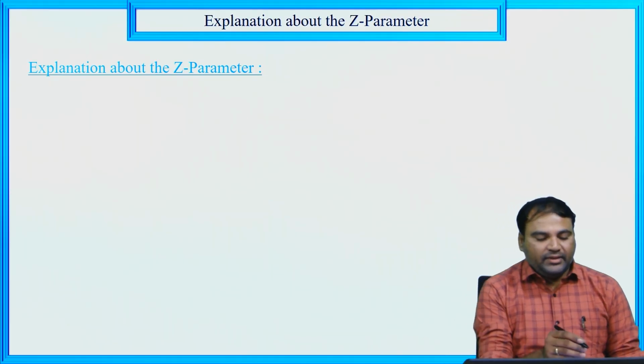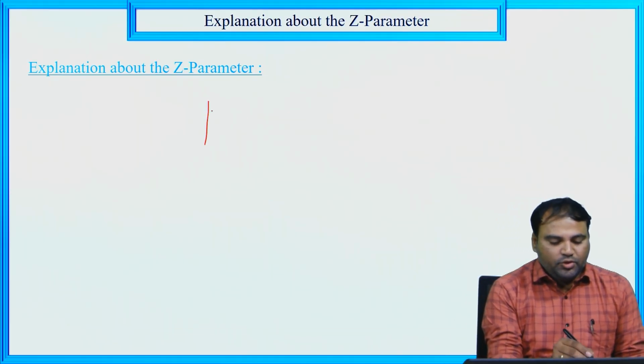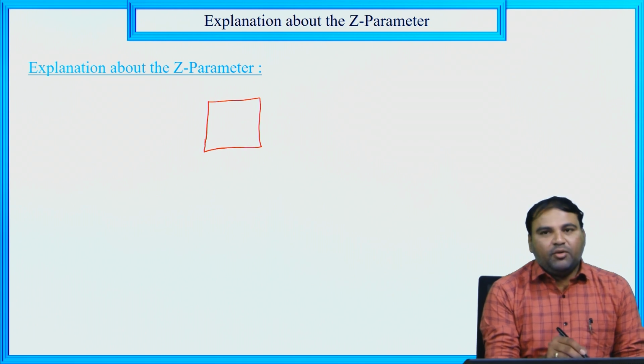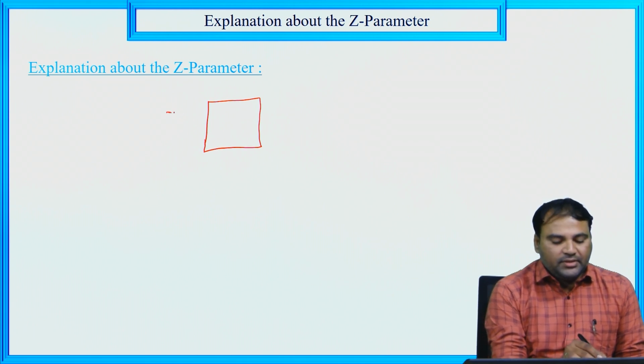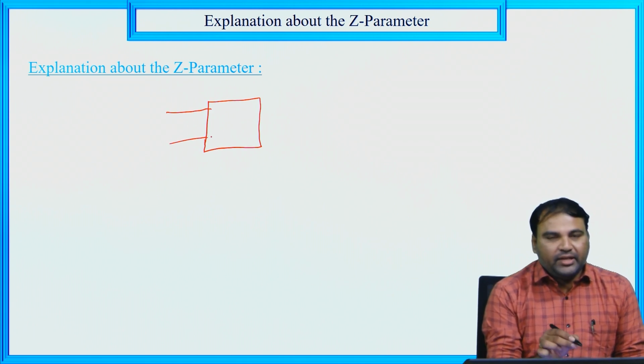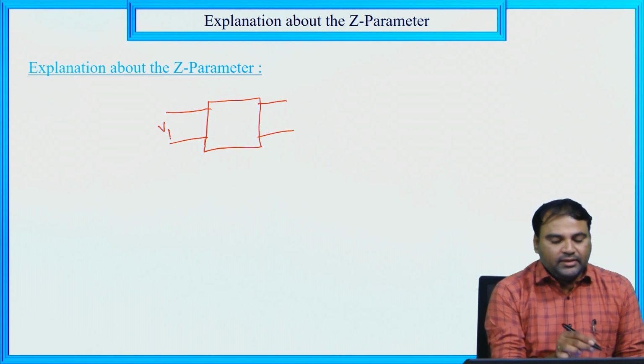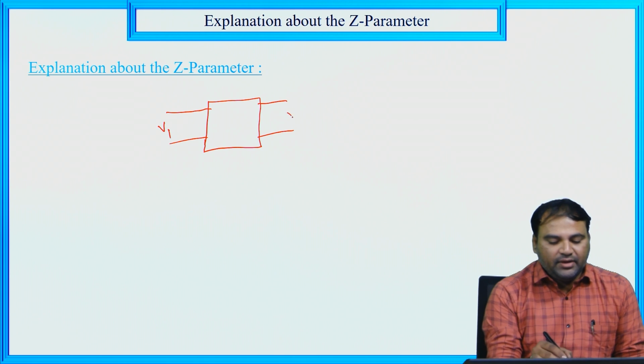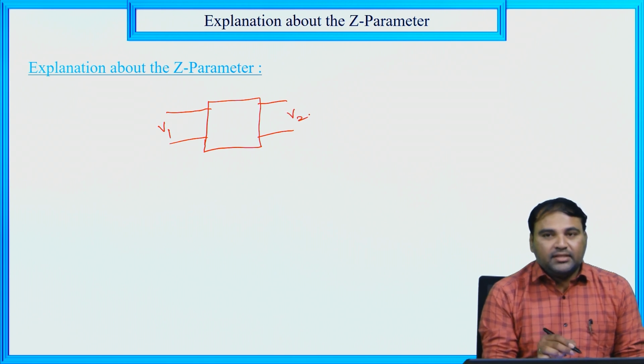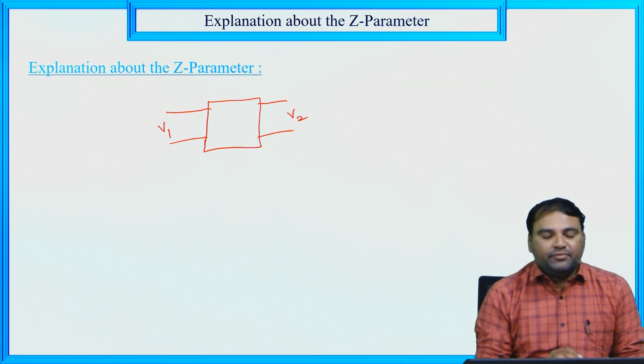So we have the two-port network like this. Here is one complex circuit. For this complex circuit, we have the input terminal and also the output terminal. The input voltage I am taking as V1, and the output or secondary voltage as V2.